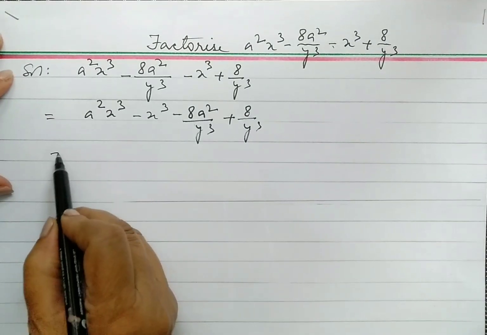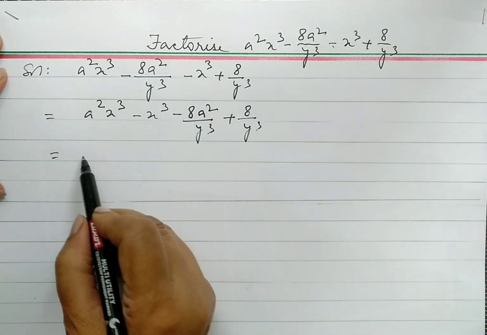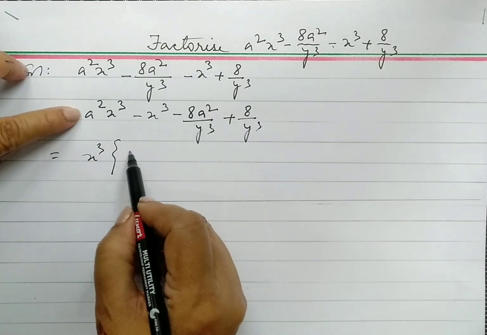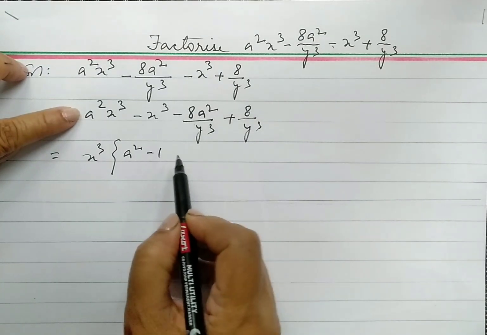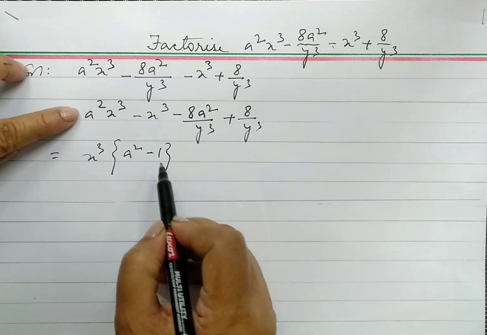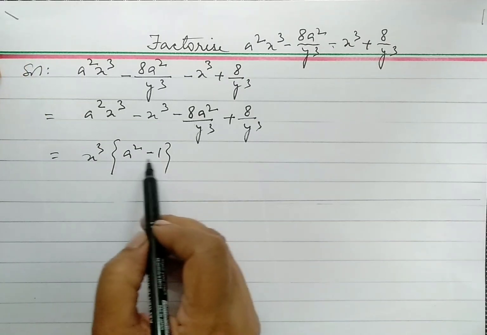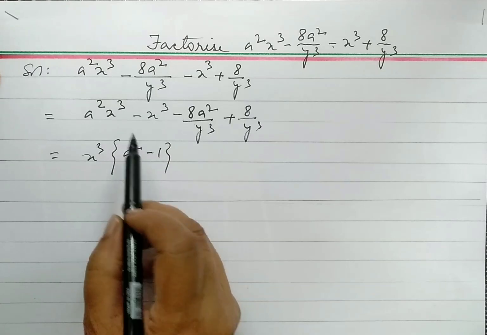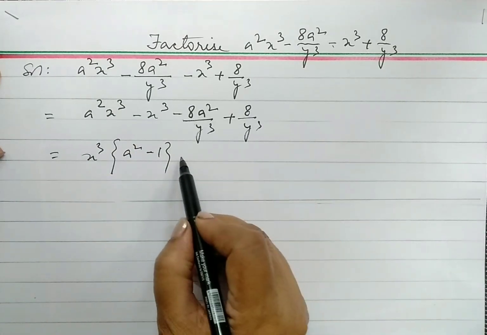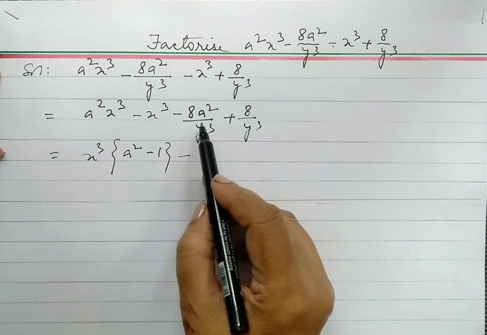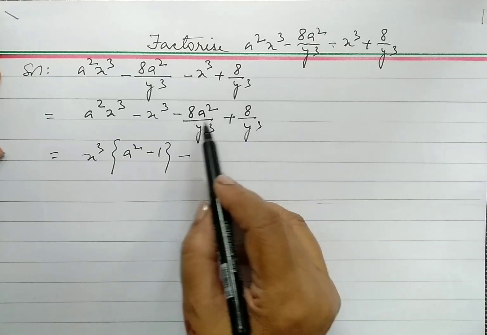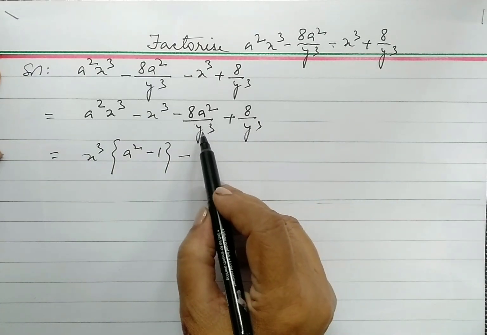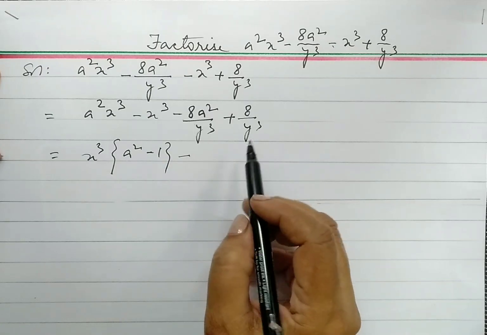Now, what do we hold as common between them? Obviously, x cube. What do we get here? A square minus 1. Why 1? Because x cube minus 1 would give me this, and x cube minus a square would give me this. Here we have 8 common in both these terms, and over 1 by y cube.